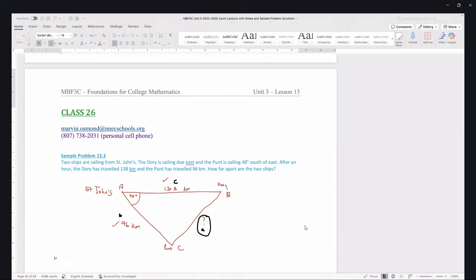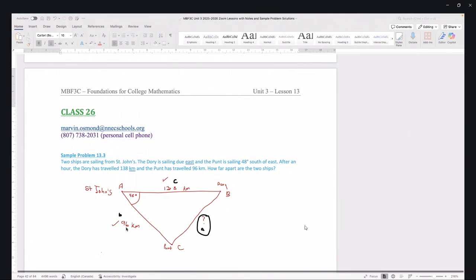So if you don't have a pair, like an angle and an opposite side, so the example that we started last week was we had an angle A, 48 degrees. The side C was 138 kilometers, and side A was 96 kilometers.